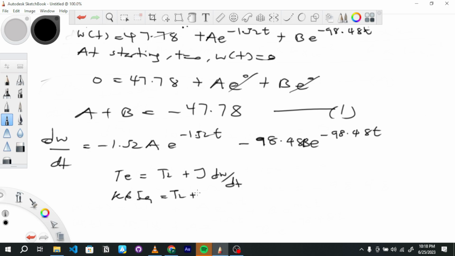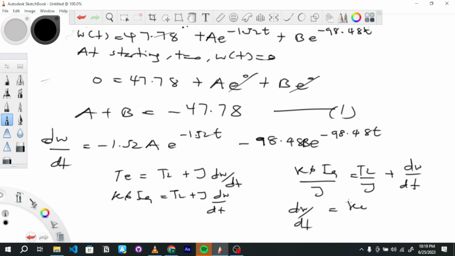So K phi Ia is equal to TL plus J d omega dt. Now I can have K phi Ia over J is equal to TL over J plus d omega dt. Right? So I can say my d omega dt is equal to K phi Ia over J minus TL over J. I hope this makes sense now.